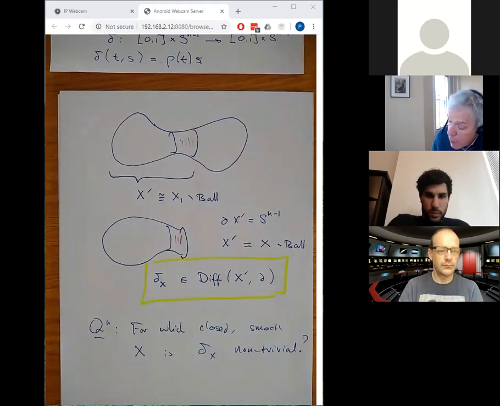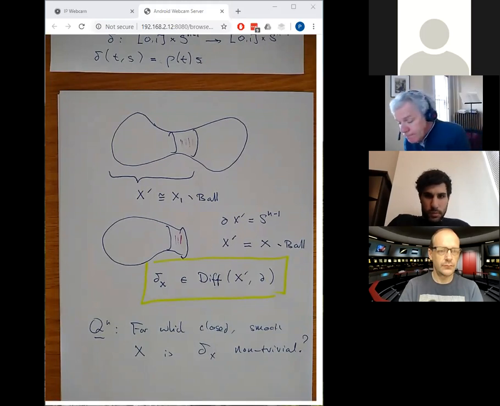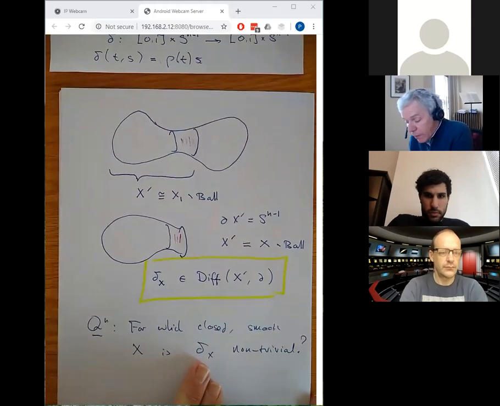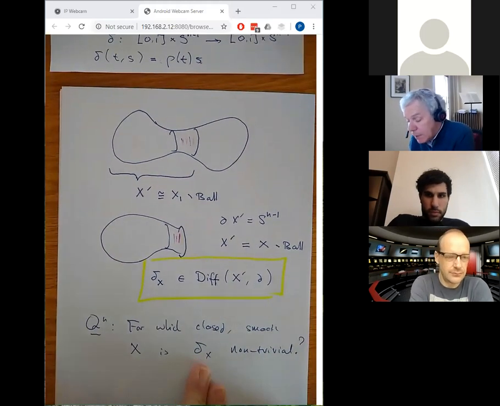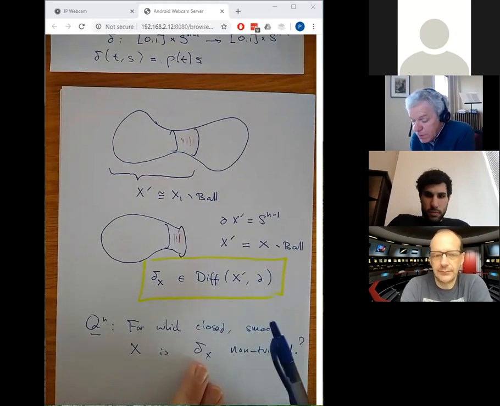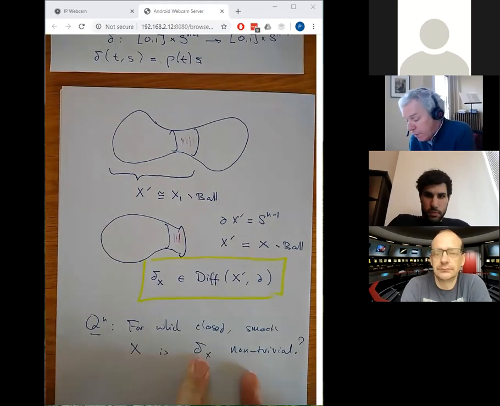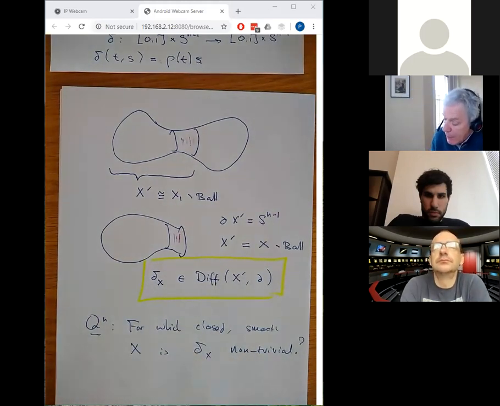So in dimension 2, this Dehn twist along the boundary is always non-trivial as long as the fundamental group is non-abelian. So except for the sphere and RP2, I think I'm right in saying this delta X is always a non-trivial element of the mapping class group.